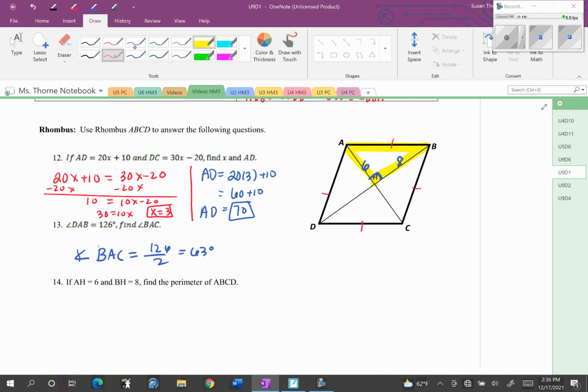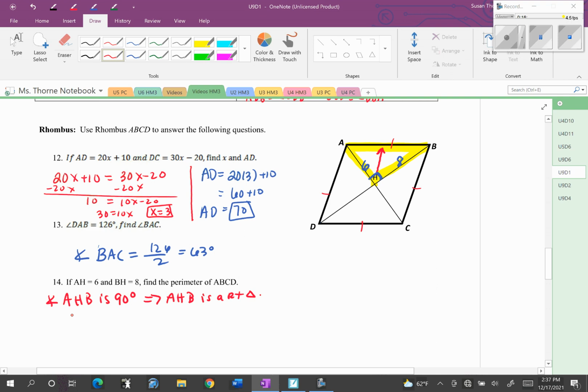And of course, we want to find the perimeter, which is the outside length added up. So across from the right angle is side AB. So we can use the Pythagorean theorem. So again, I'm just going to write down angle AHB is 90 degrees. So AHB is a right triangle.